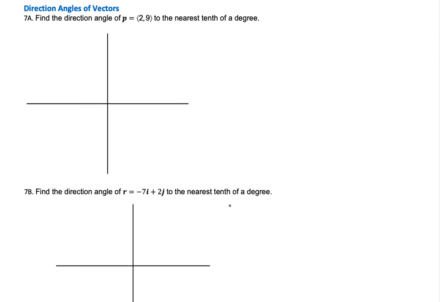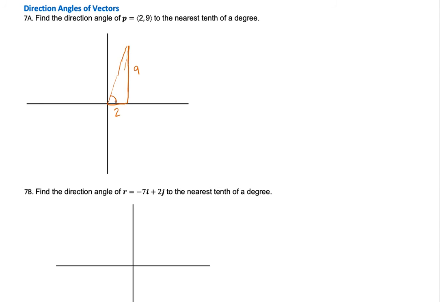We'll move on to direction angles of vectors here. So we're going to do very similar to what we just did, except now we're finding the angle. So we have the component form, so we'll draw that out, and then we'll use inverse tangent to find the direction angle. So I've got 2 this way and 9 this way. That means I have a hypotenuse here, which I don't have to figure out.